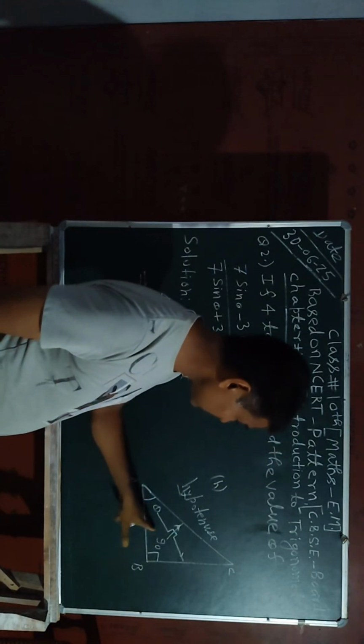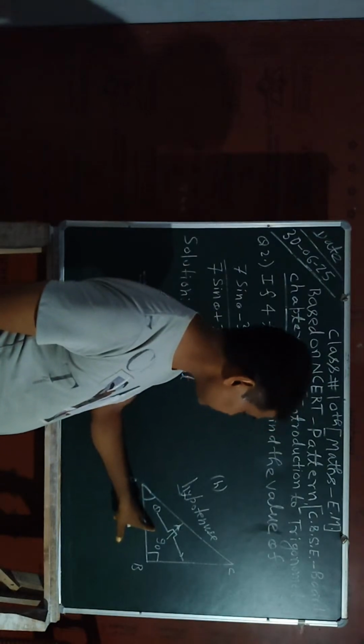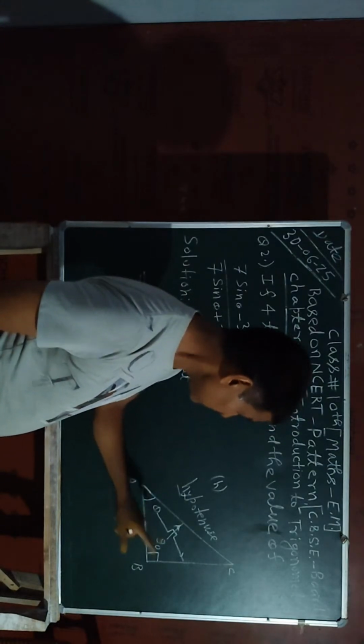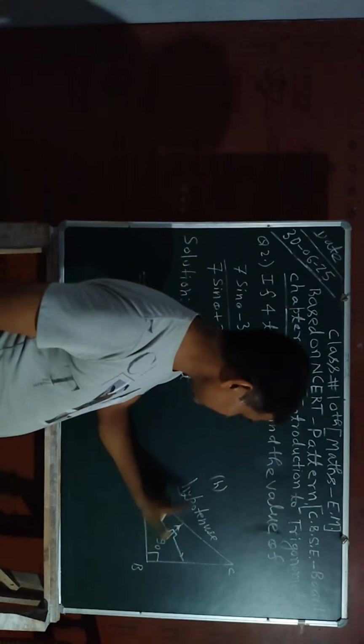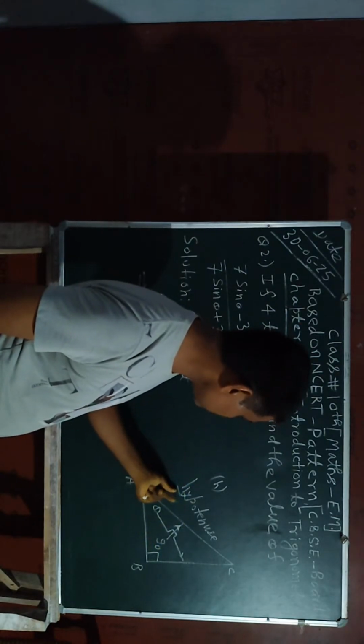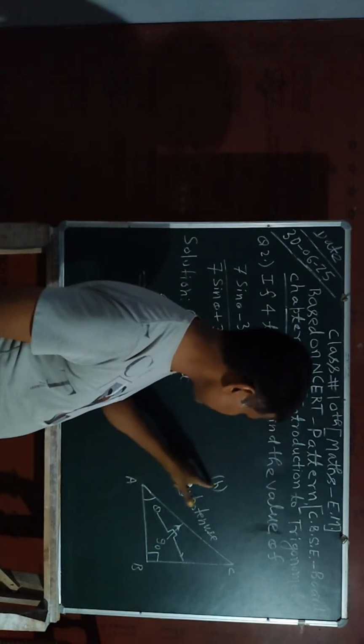Sorry, you concentrate here because students make mistakes here. Opposite the 90 degree I will say hypotenuse, and the hypotenuse starts with H, so I will write H in the bracket.